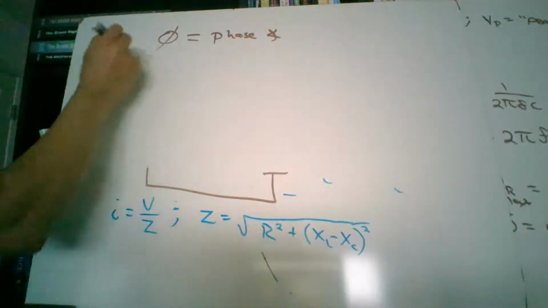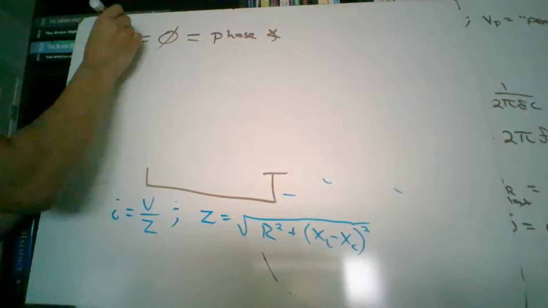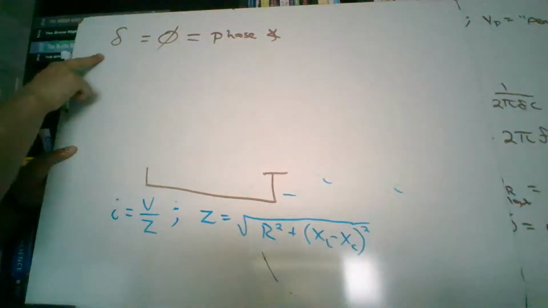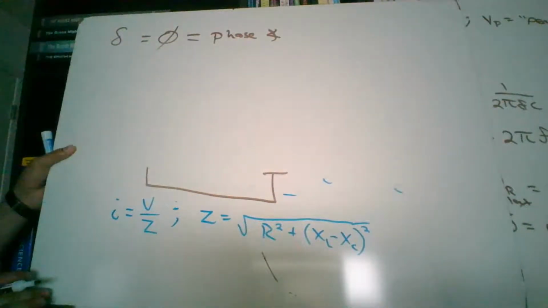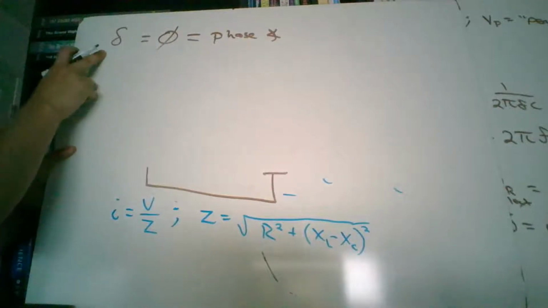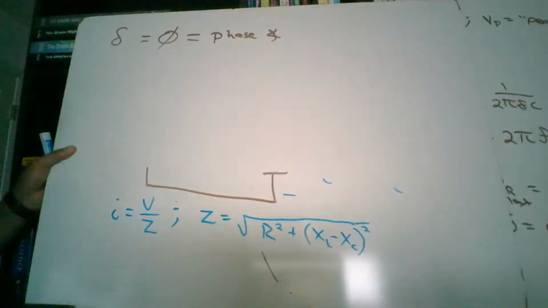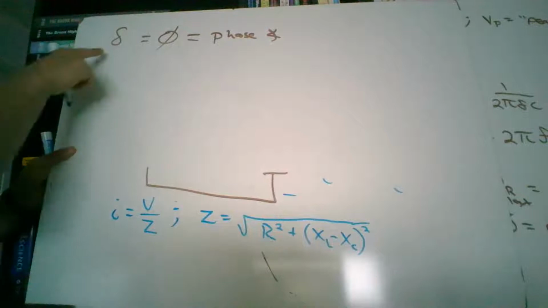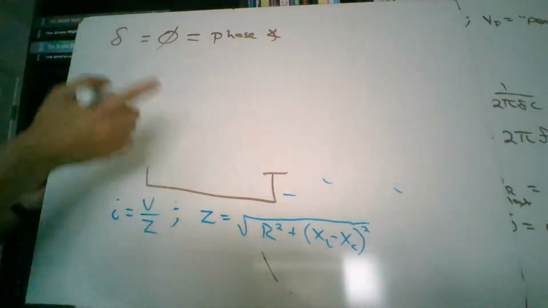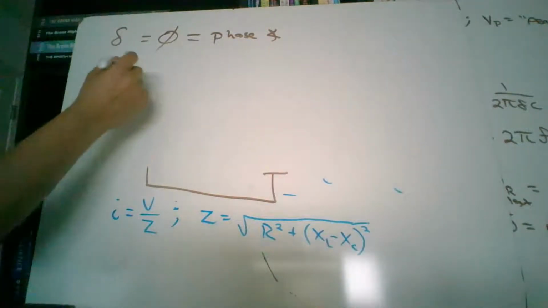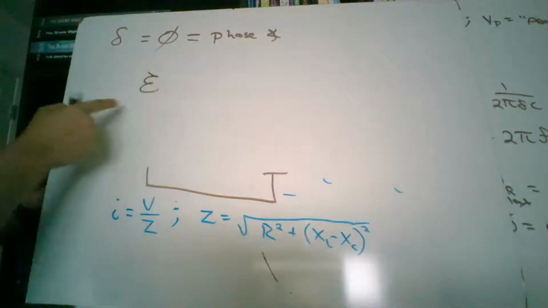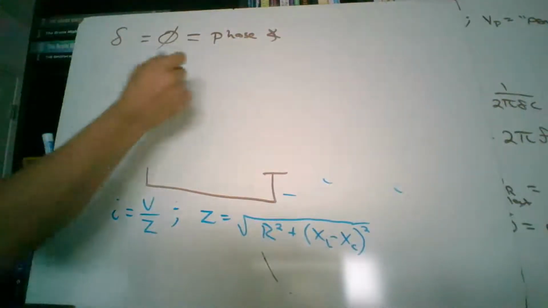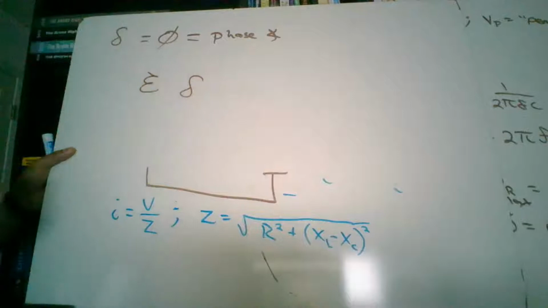Sometimes the phase angle in some textbooks is written like this. But I know that's difficult for many of you to make, this fancy little symbol, which I believe is a lowercase delta. You don't have the artistic skills. I've seen you try. You can't make the fancy E's, so forget about making the fancy D symbols.